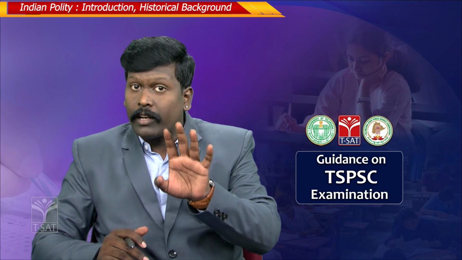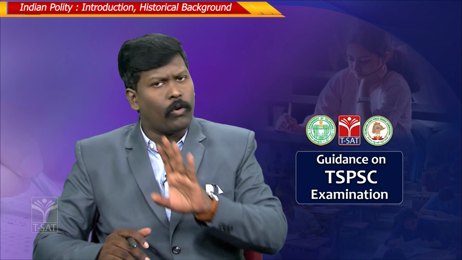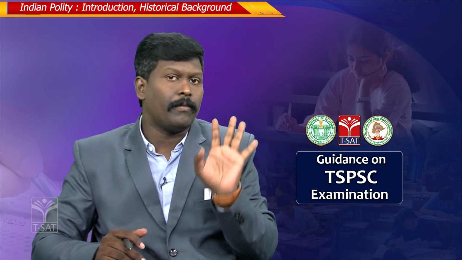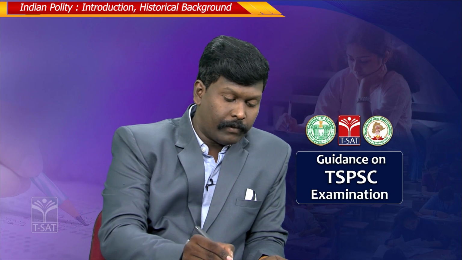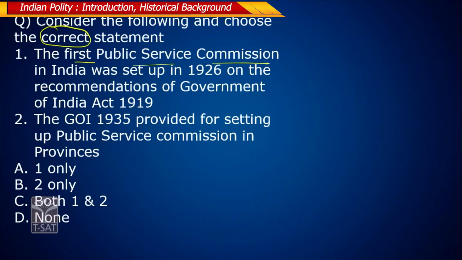Our intention through these classes is to ensure that you go with all the questions correctly. So next question. Consider the following and choose the correct statement. Wherever you feel that a word is important, please circle it so that it will be easy. The first Public Service Commission in India was set up in 1926 on the recommendations of Government of India Act 1919.